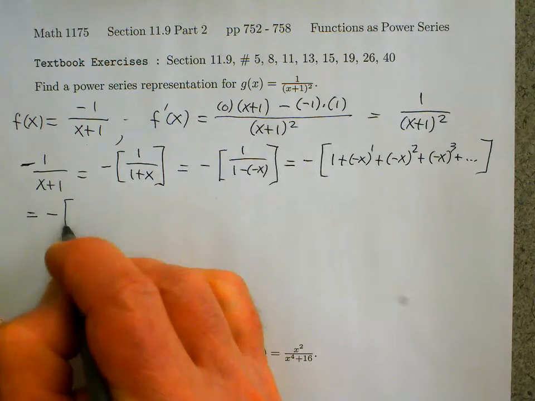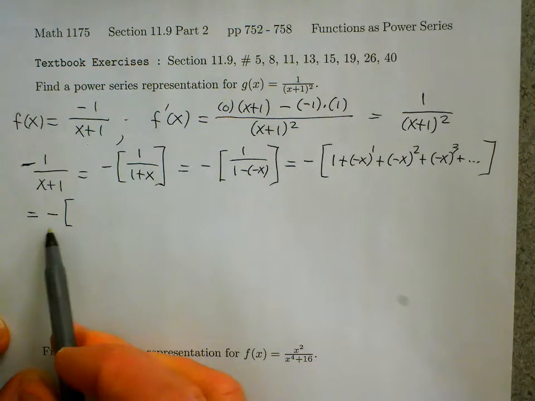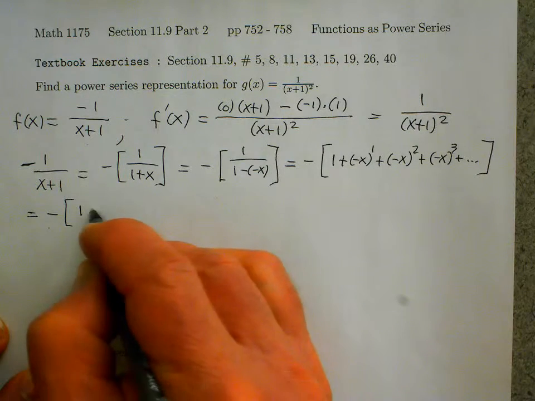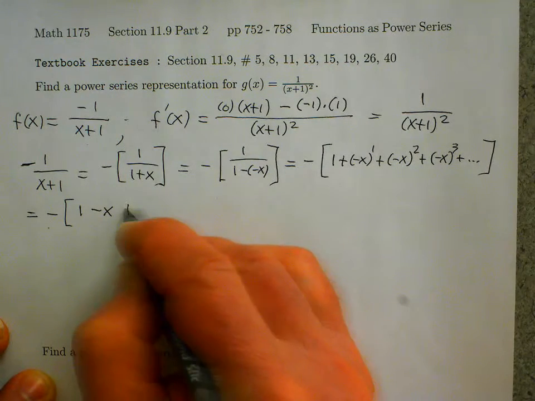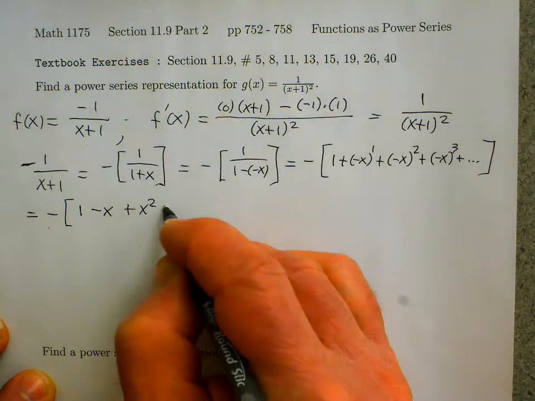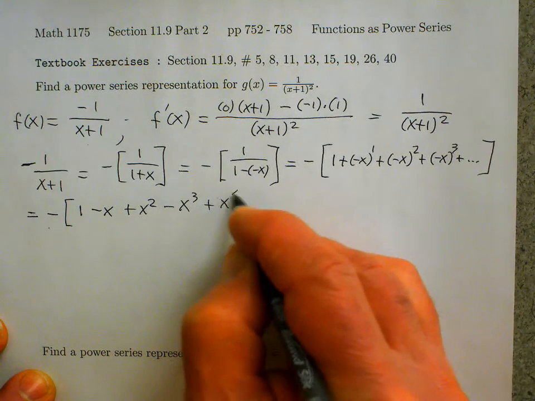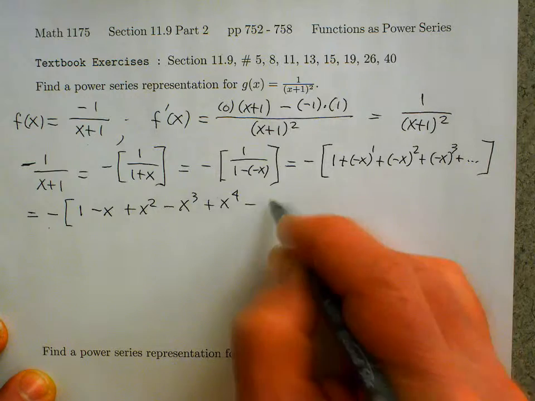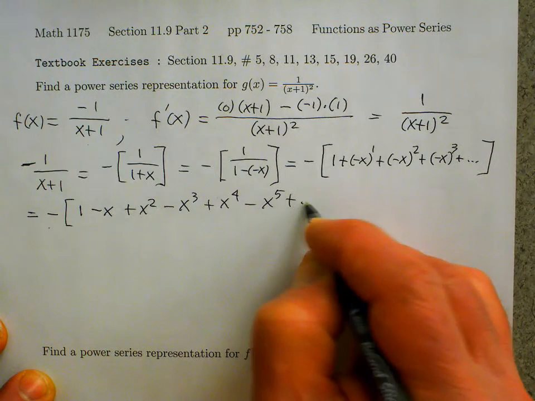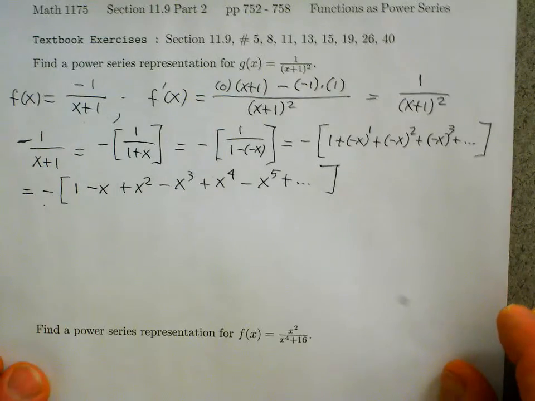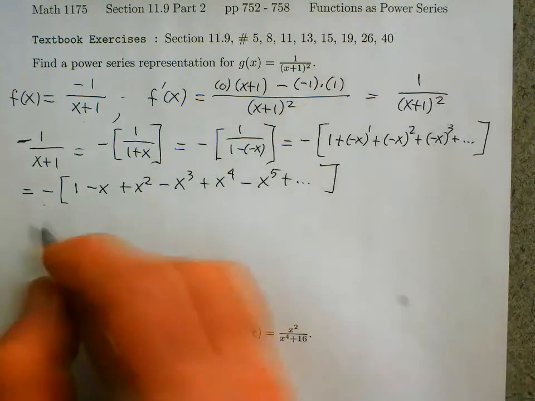So we'll simplify a little bit inside the brackets. So the quantity in the brackets is 1 minus x plus x squared minus x to the third plus x to the fourth, and so on. Then we'll take the negative of each of those.